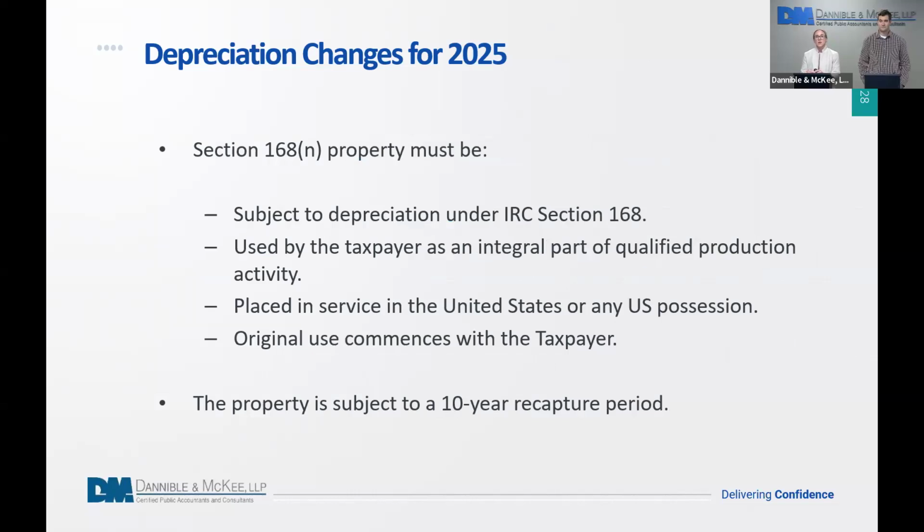To be eligible, that property must be subject to depreciation under Internal Revenue Code section 168. It must be used by the taxpayer as an integral part of a qualified production activity, must be located in the United States or any US possession, and the original use does have to commence with the taxpayer. Any property that is qualifying for this exemption and utilizing it is subject to a 10-year recapture period.